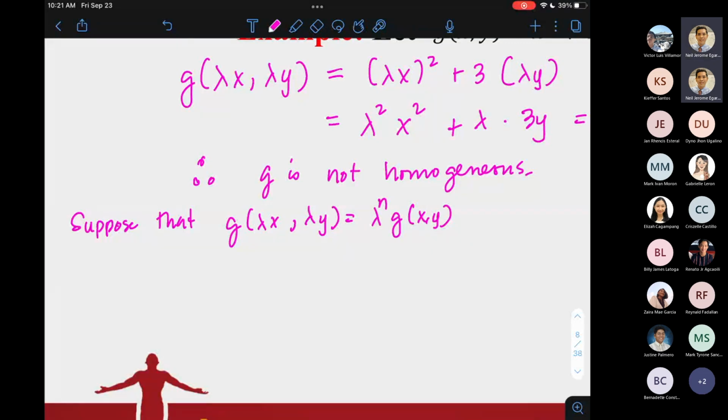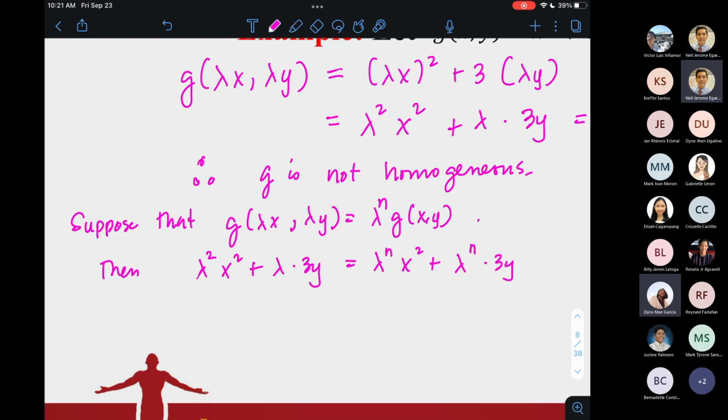Suppose it is homogeneous of order n, or degree n. So this should be true. But we already computed g of lambda x, lambda y, which is equal to lambda squared x squared plus lambda times 3y. This should equal lambda to the n times x squared plus lambda to the n times 3y.